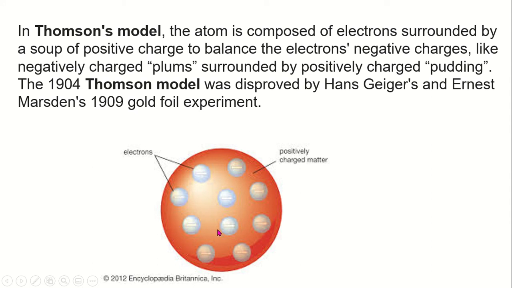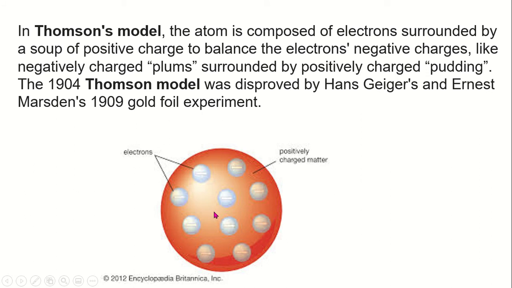In our country, this model can be compared with a watermelon. In the summer season, you eat watermelon. And why is it the watermelon model? Because the juicy portion of the watermelon is the positive charge, in which the seeds are randomly distributed, acting as the electrons inside an atom.